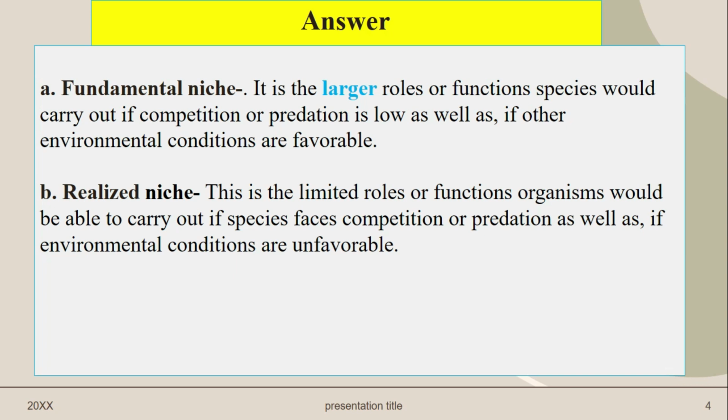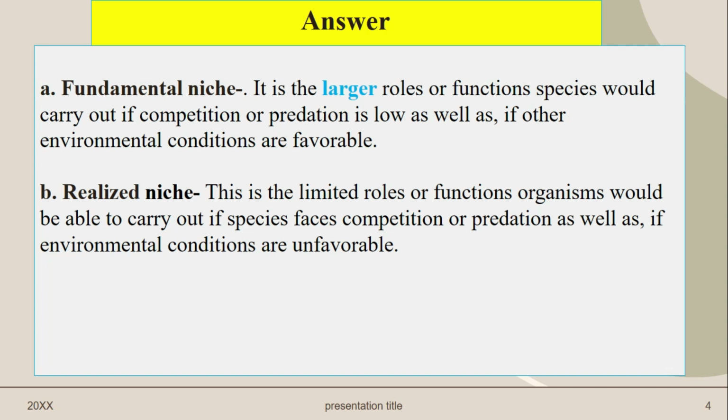Factors are that maybe they are not having a lot of predation or competition for resources, and other conditions like temperature and pH might be favorable. So those will cause the organism to function. They are comfortable and they don't have competition or predation, so they will carry out more function.